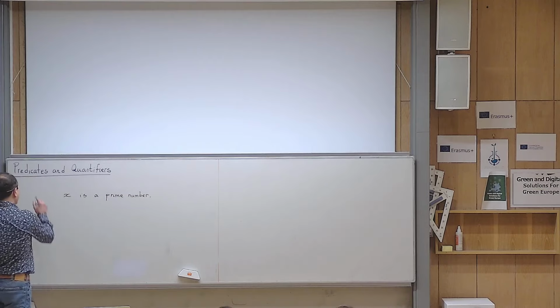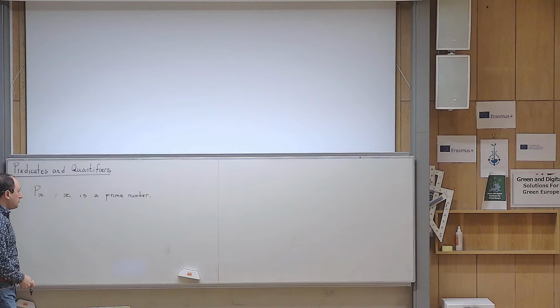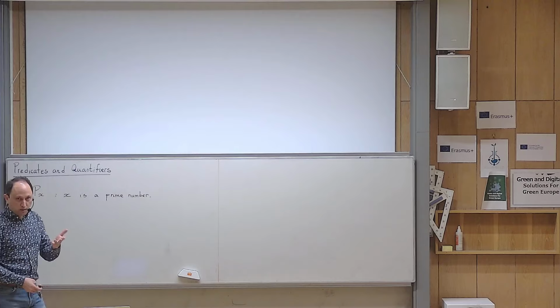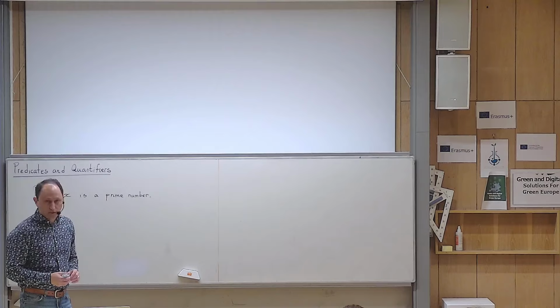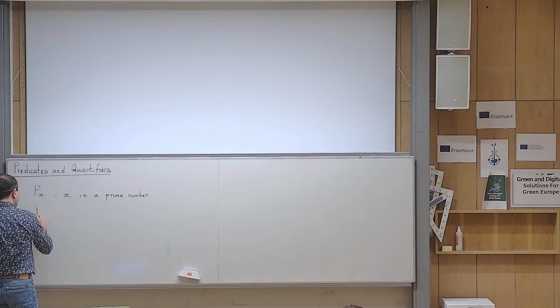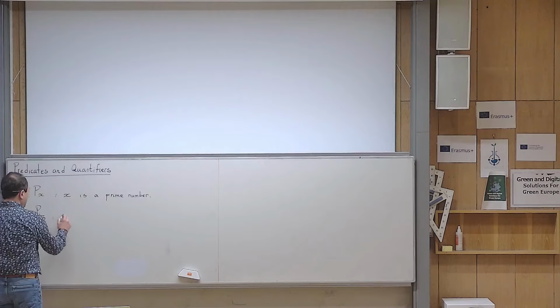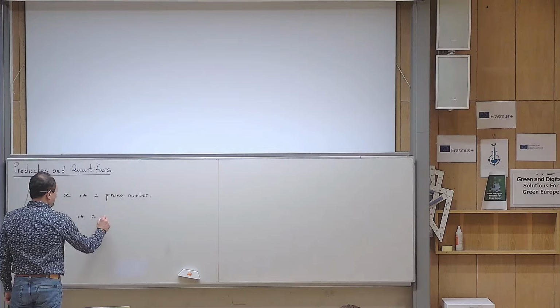And then, for example, I can say that this is a predicate with variable x. Okay, but the problem is that if I replace x with some value, then it becomes what? A preposition. For example, if I say P of 3, it means 3, I'm replacing x with 3, is a prime number.